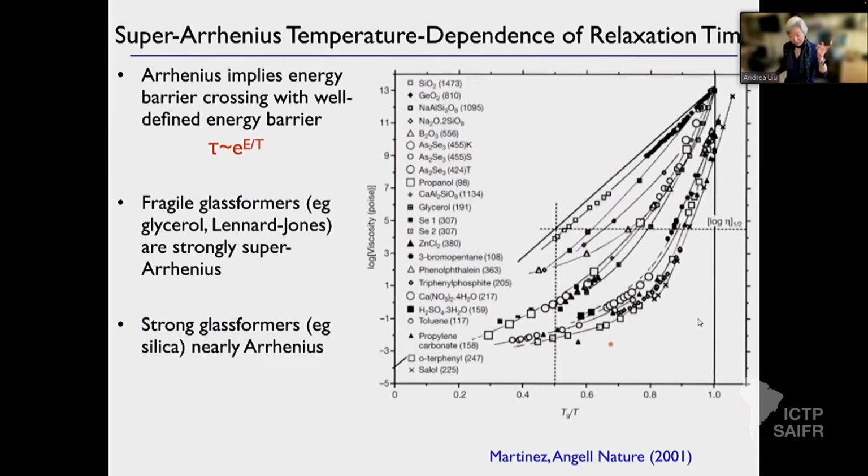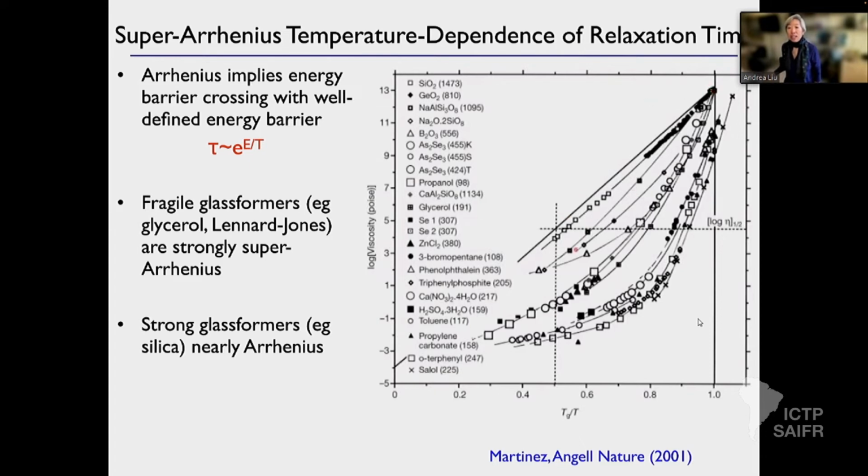First of all, the super Arrhenius behavior, let me just show that to you. This is a kind of plot that I will be showing. It's the log of viscosity, but equally well, you can say it's the log of the relaxation time. If I take the log of this, it should go like 1 over temperature. It should go like the energy barrier over temperature. So this is the log of relaxation time versus 1 over temperature. And if it's simple Arrhenius behavior, you should get a constant slope, which is the energy barrier. Just a straight line.